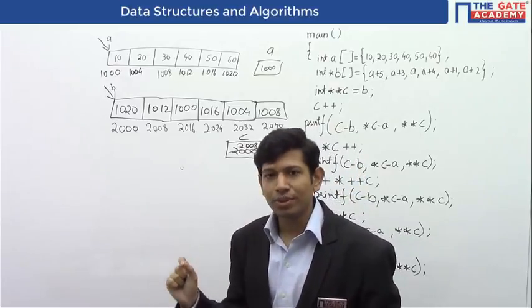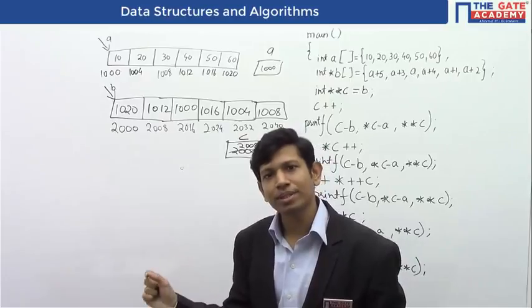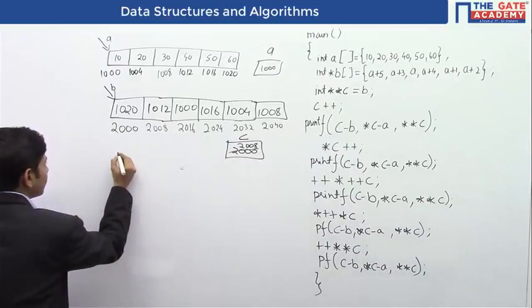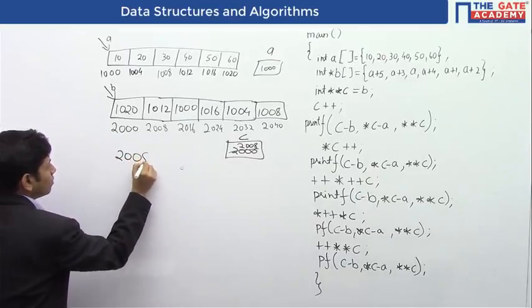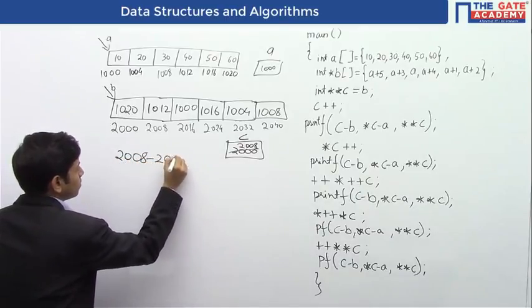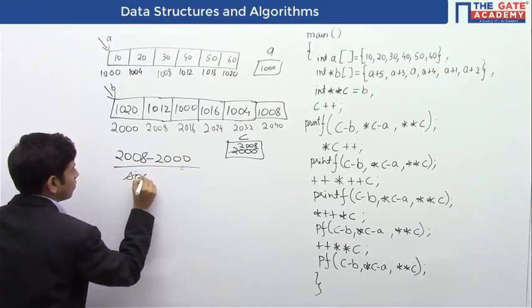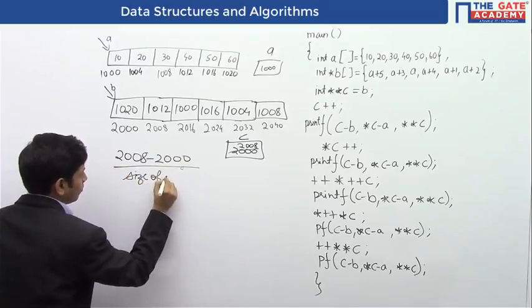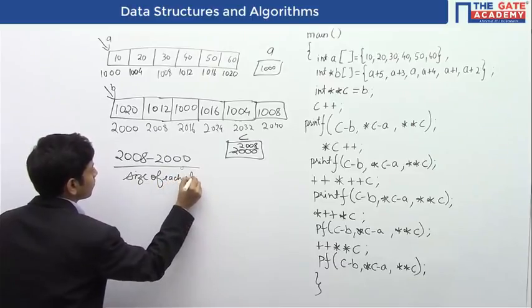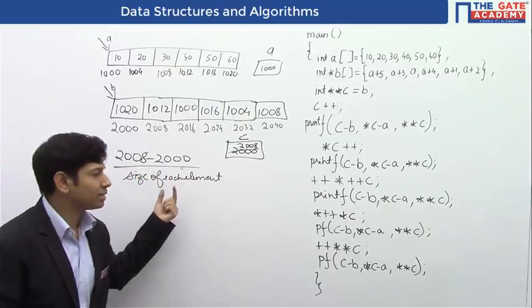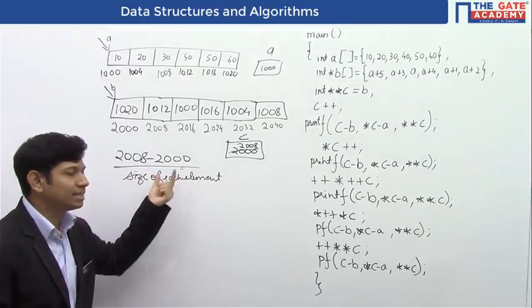The difference between the numbers divided by the size. In this particular array, the size of each element is 8.